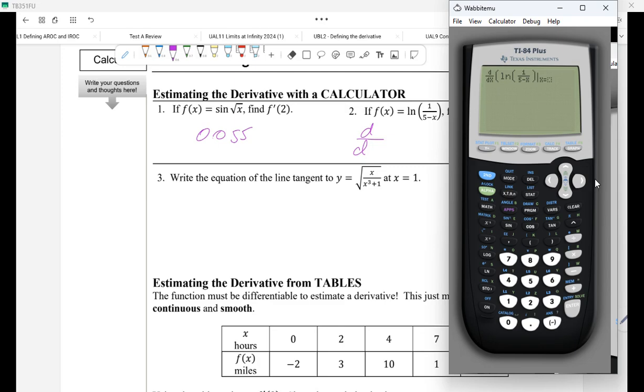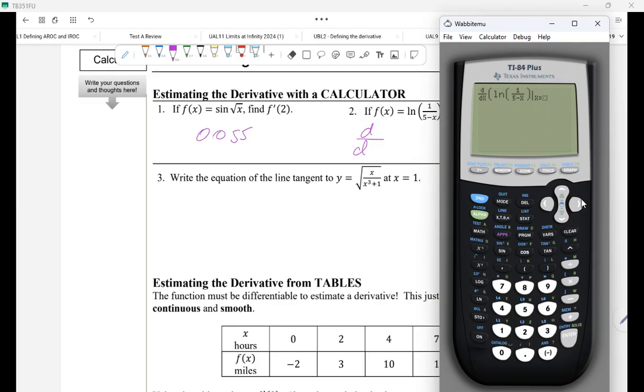Now that looks right. And our x value is 1.3. Two examples, neither one requiring rounding. So the ddx of ln of 1 over 5 minus x evaluated at x equals 1.3 is 0.270.